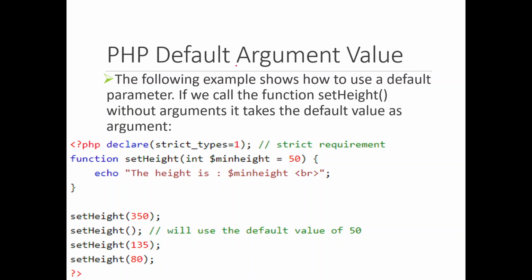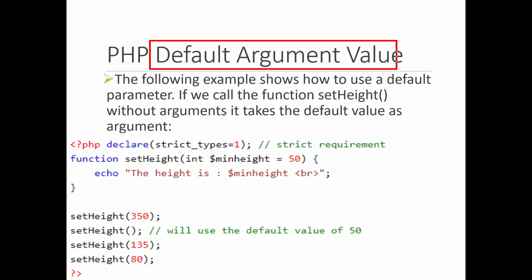Now here we want to look at what we call the default argument value. Sometimes you can declare an argument like we have in this example. You declare an argument, $minheight, and you give it some value.